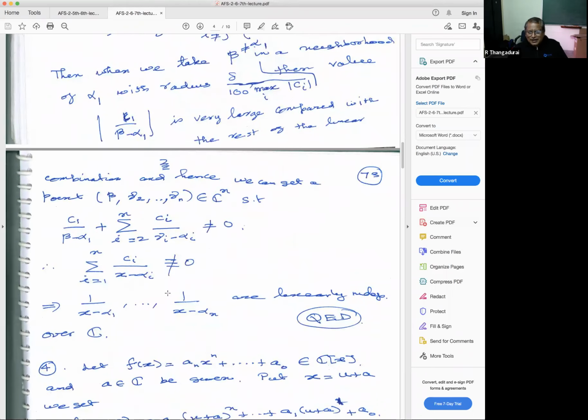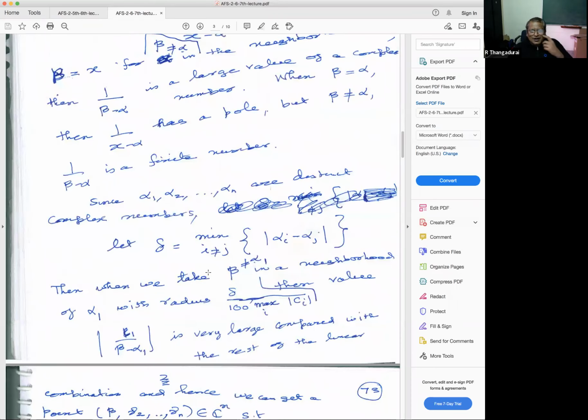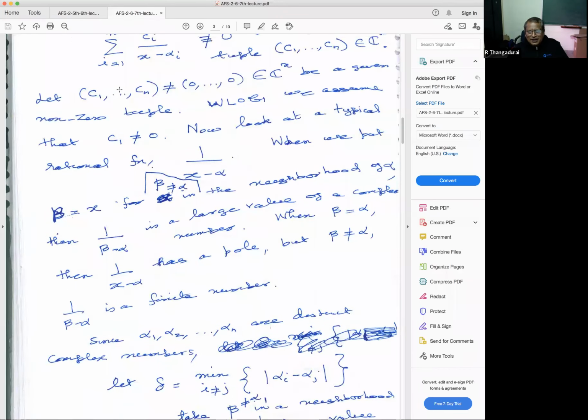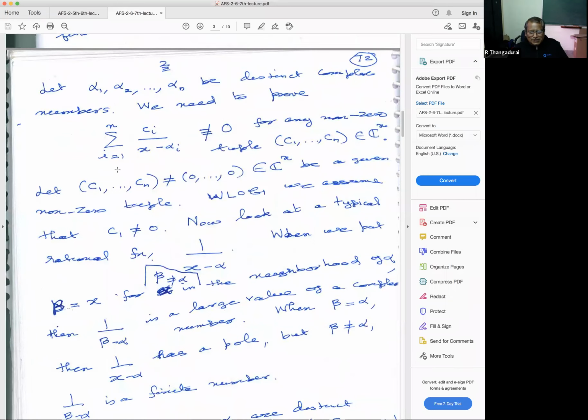Therefore these are all linearly independent, which we have done. We have taken arbitrary distinct n complex numbers, and we look at an arbitrary linear combination of these rational functions, and we said that this is a non-zero function.